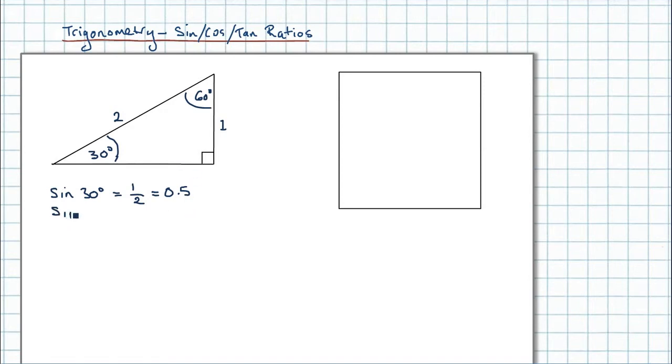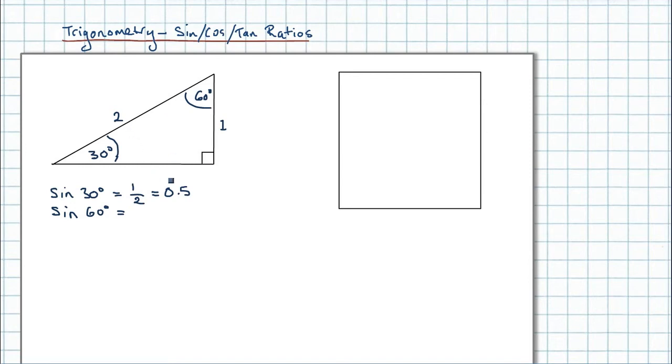Now what about the sine then of 60? Well, the sine of 60 degrees is also going to be the opposite over the hypotenuse, because that's what sine means. So where's the opposite now? Well, the opposite side is no longer this side. The opposite side to 60 is this one.